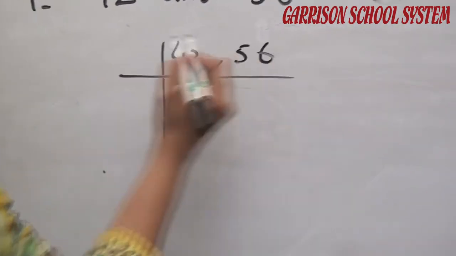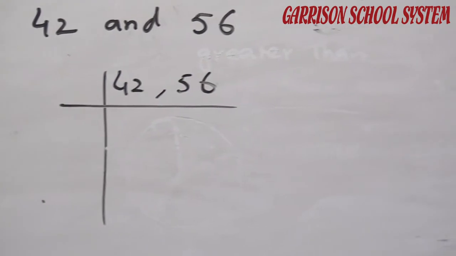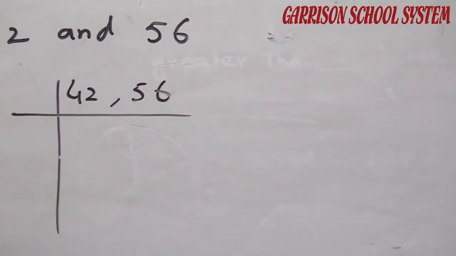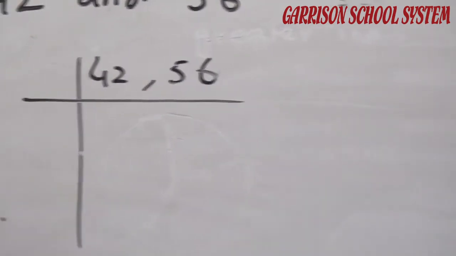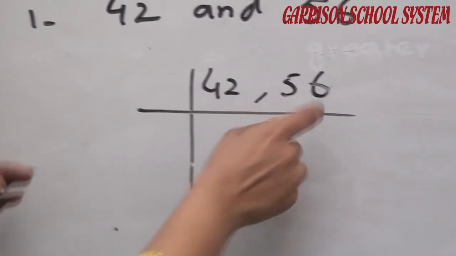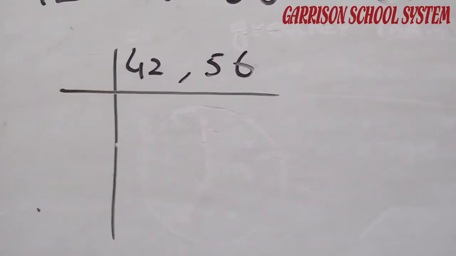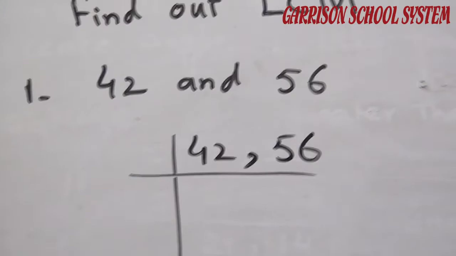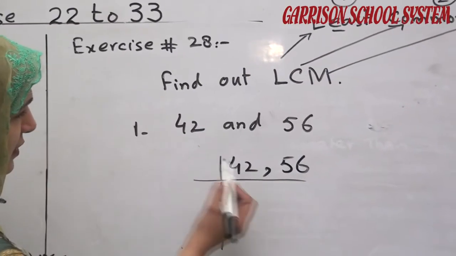42, 56. Students, we have to take a number which divides both numbers, 42 and 56. That number was 2. Now students, let's start to solve.